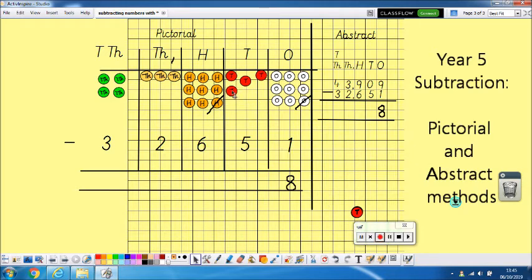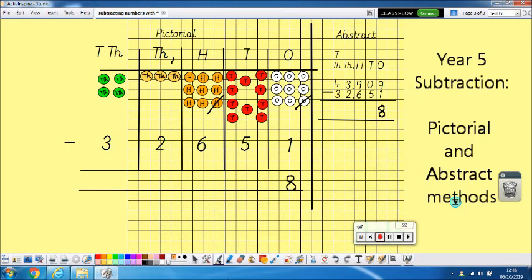And I already know that 10 times 10, 10 lots of 10, is the same as 1 lot of 100. 10 lots of tens is the same as 100. So this is how I draw that I have exchanged one set of 100 for 10 sets of 10.